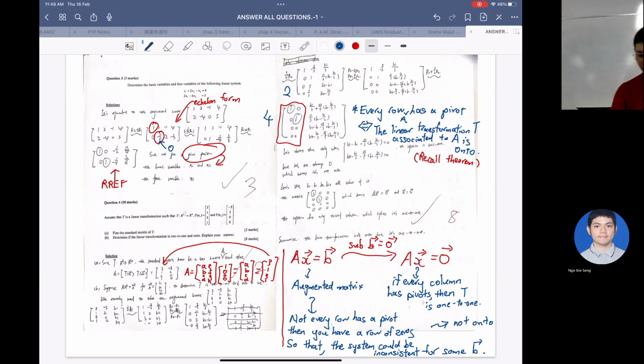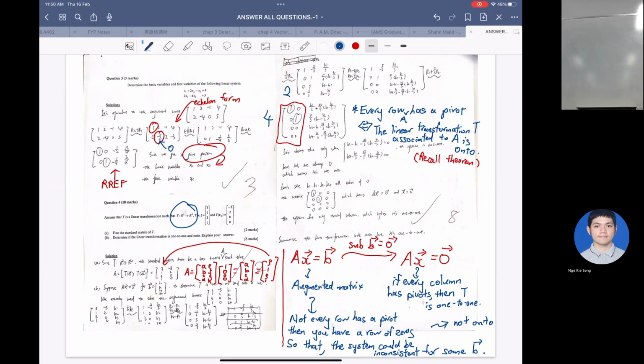So how to see it from geometry? Yesterday I drew a picture, right? How you fit R2 into R3? I think only one of you wrote something similar on this line. So you cannot fill a large space with a small space.